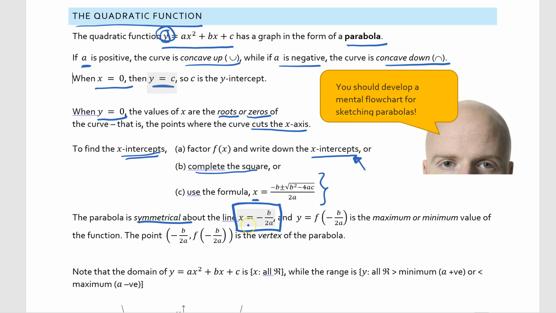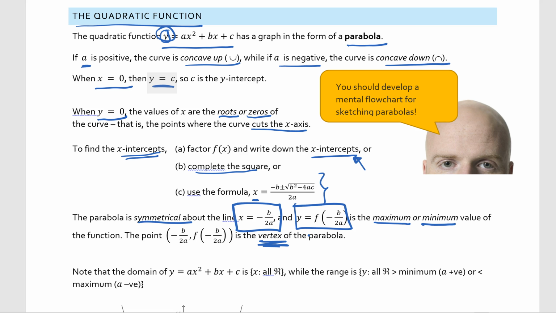The y value of this x, in other words, the function of minus b on 2a, is either the top or the bottom of the curve. So that's either the maximum if the curve is concave down, or the minimum if the curve is concave up. That point, the maximum or the minimum, is said to be the vertex of the parabola.